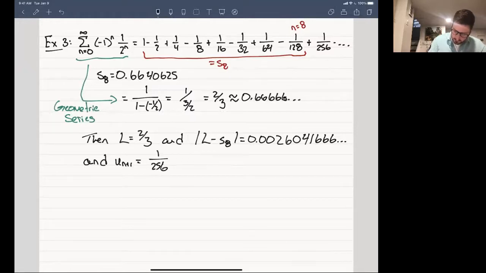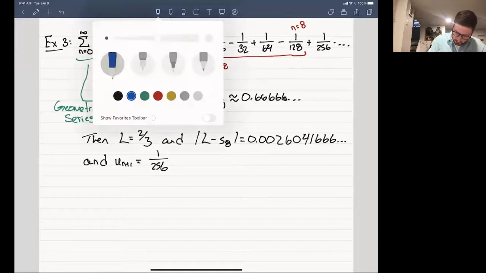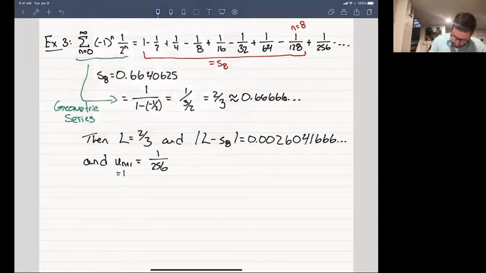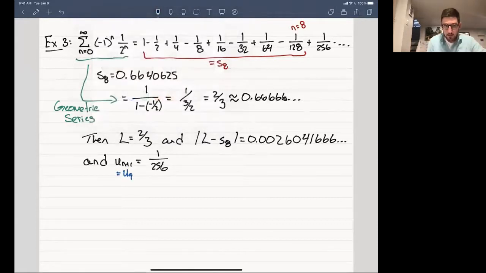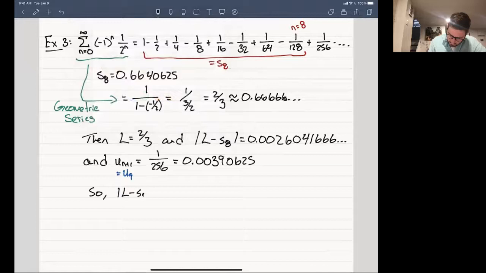Because this is equal to U9, right? So 1 over 2 to the 9, which is equal to 0.003900625. So as the theorem said, the partial sum S8 is within U9 of this limit.